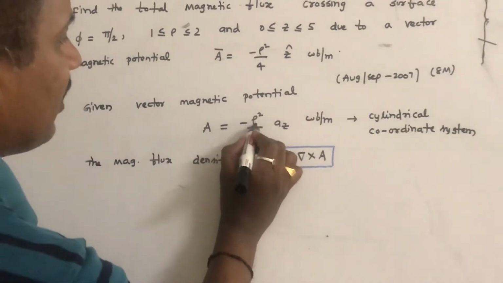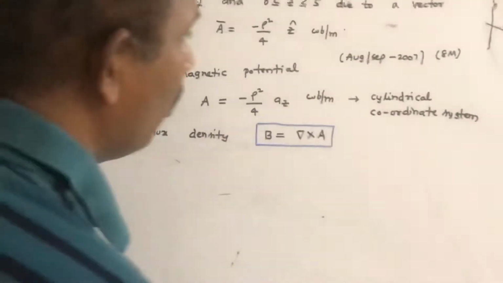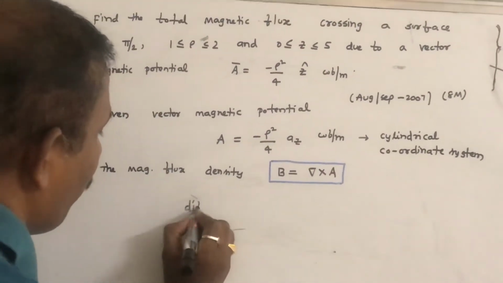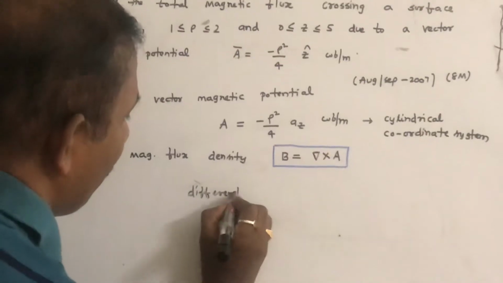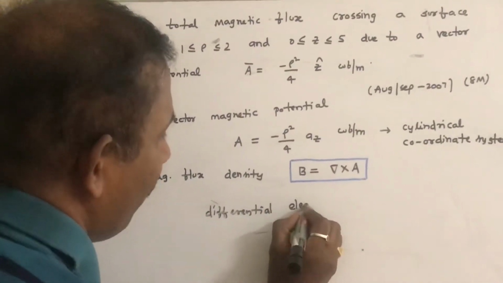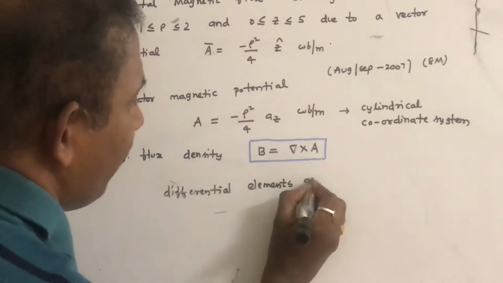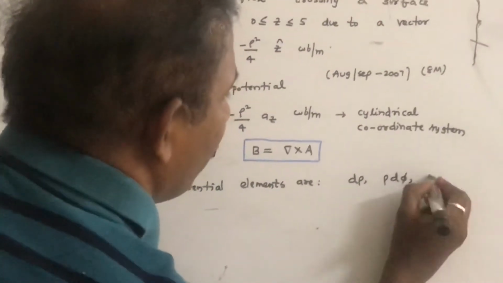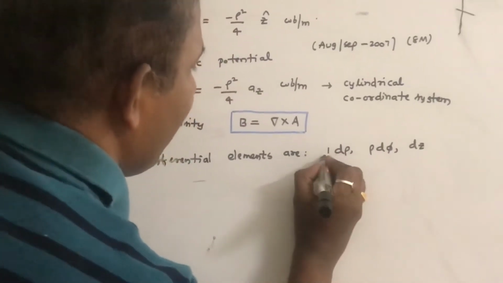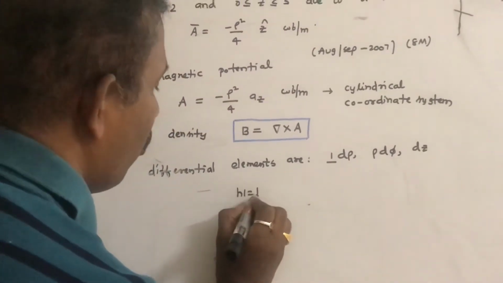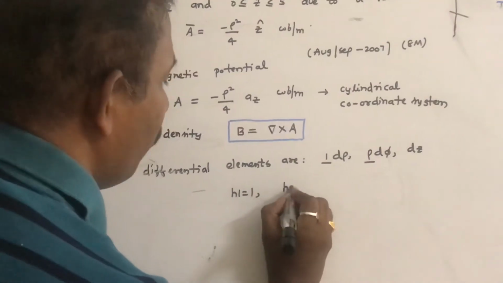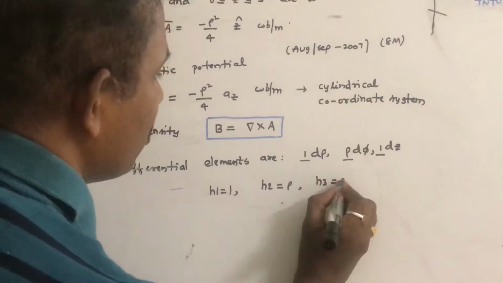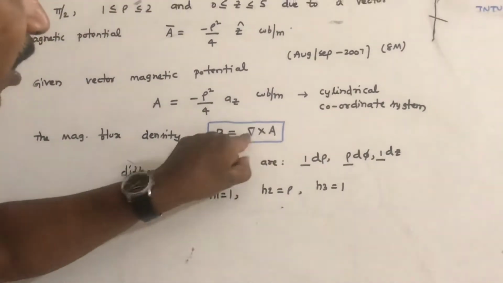If it were spherical coordinate system, it would be given in the form of R. The differential elements are d rho, d phi, dz. Here h1 is equal to 1, h2 is equal to rho, h3 is equal to 1. We use these relations in the cross product definition.